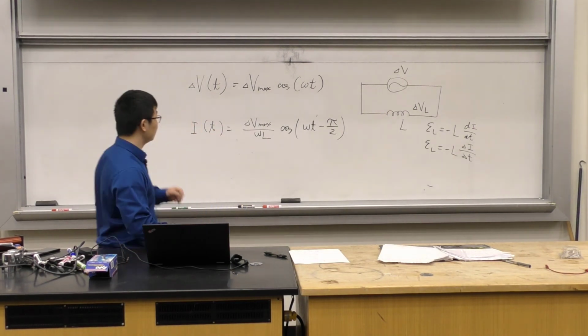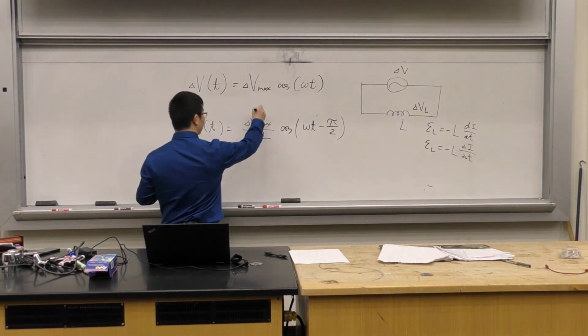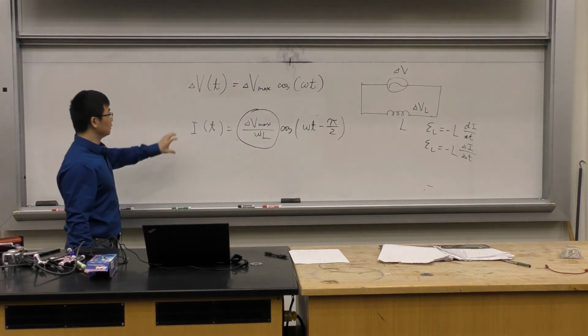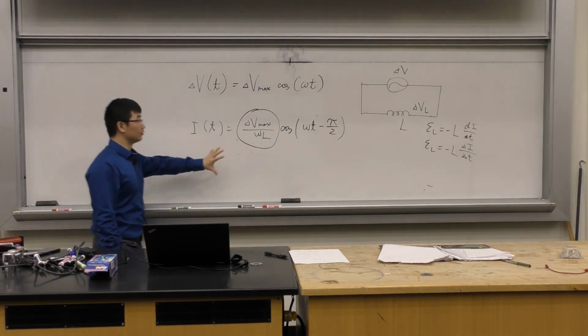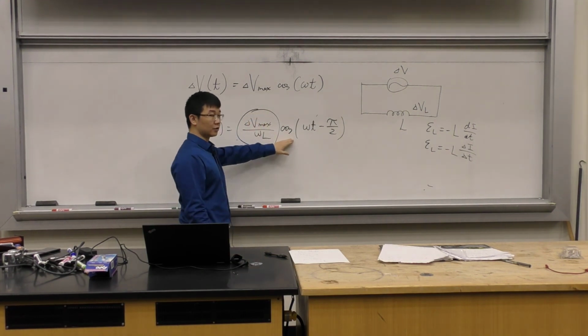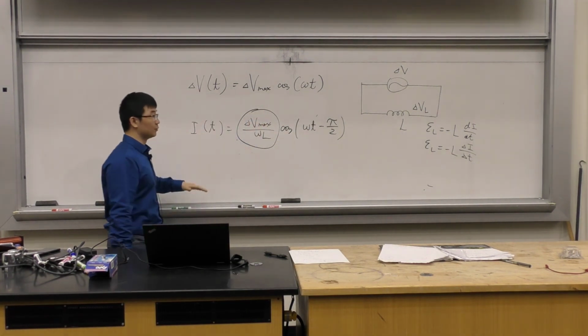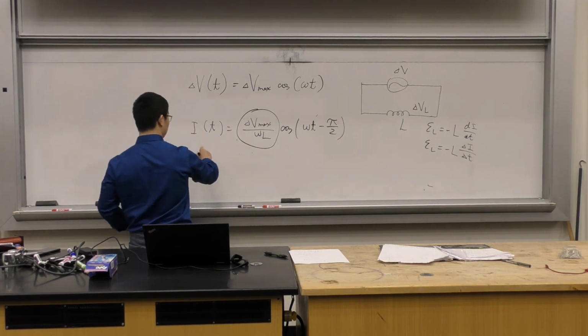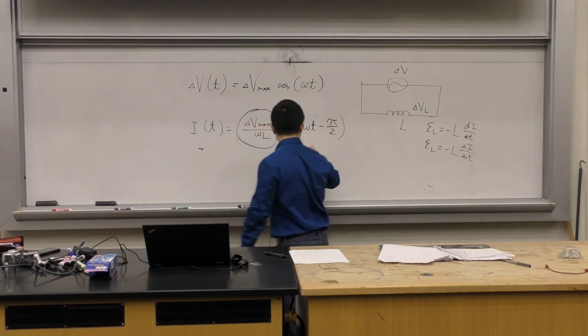Okay? And in this case, if you take a look at this number, this is still going to be the maximum number this current can get, right? If this is 5, and this is a cosine function, so this is going to vary between -5 and 5. So we're going to define this as I max.